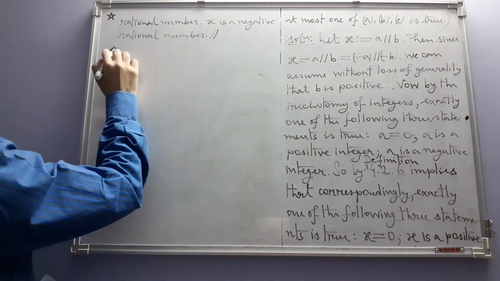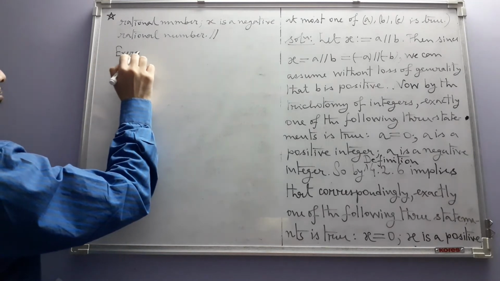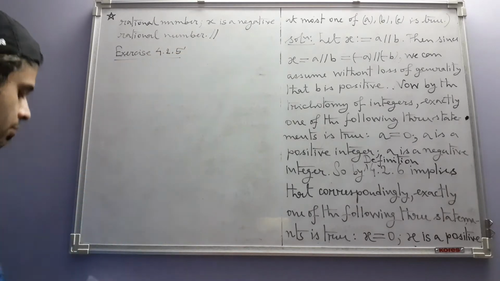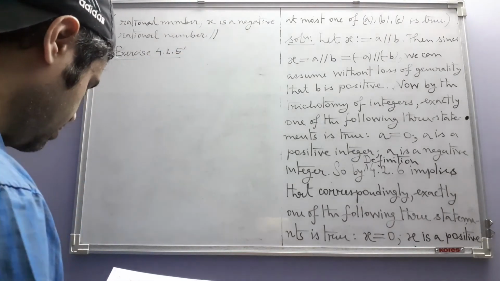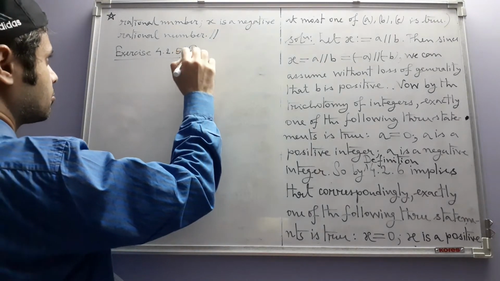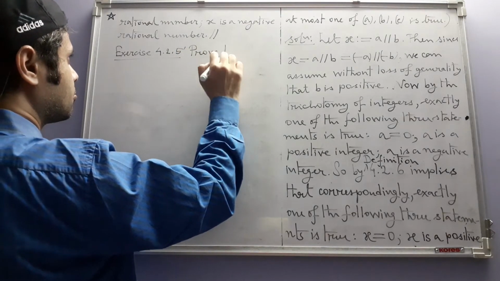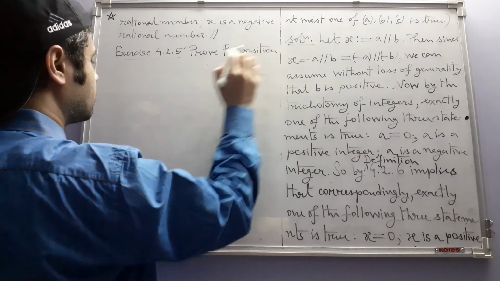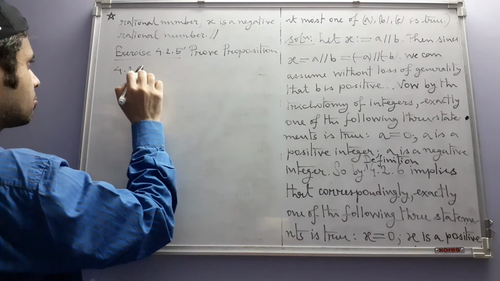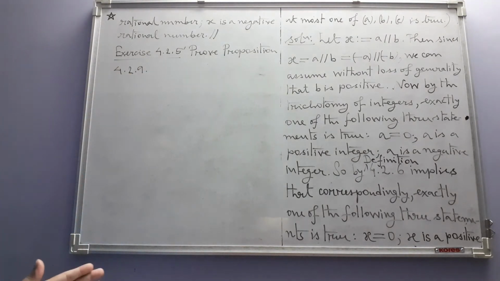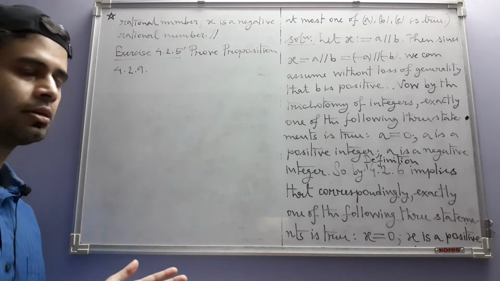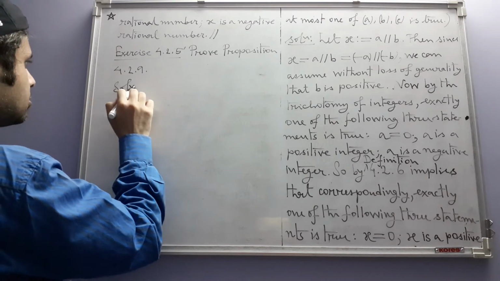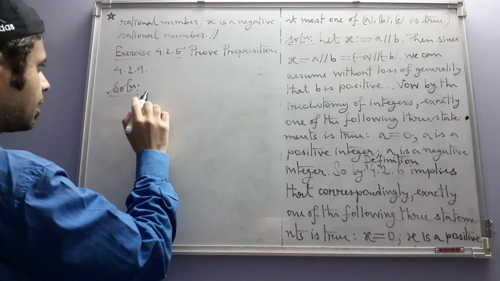Okay, then next one, the fifth one, prove proposition 4.2.9. So it's that one which gives us the basic properties of order. Okay, so it had several parts.